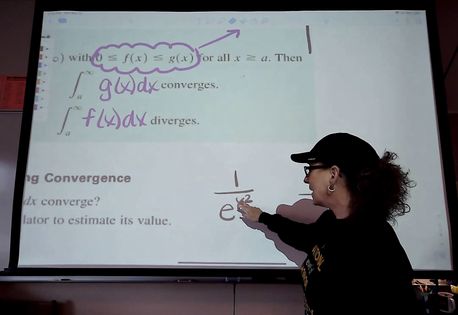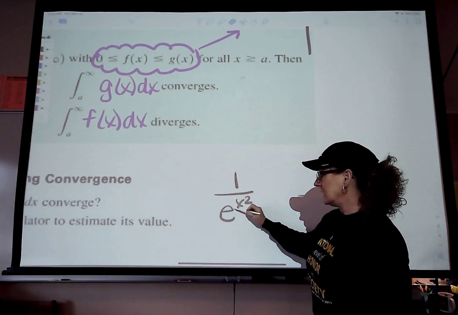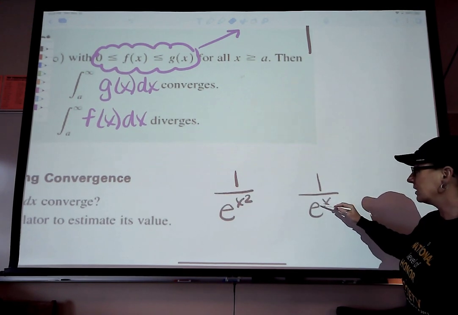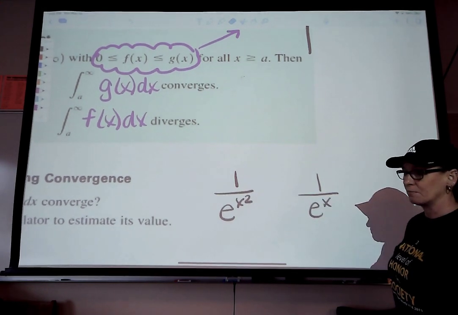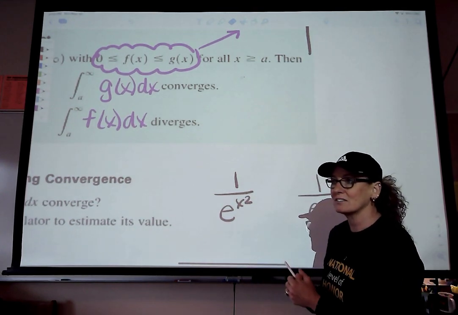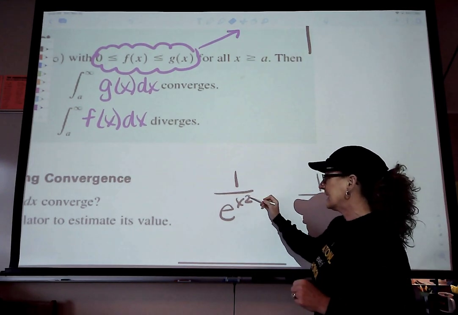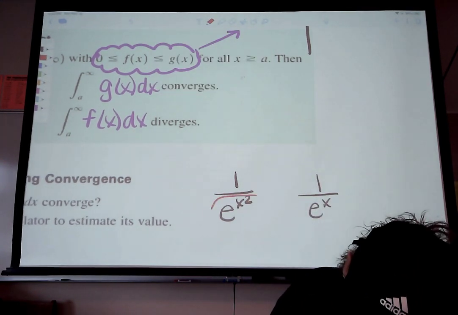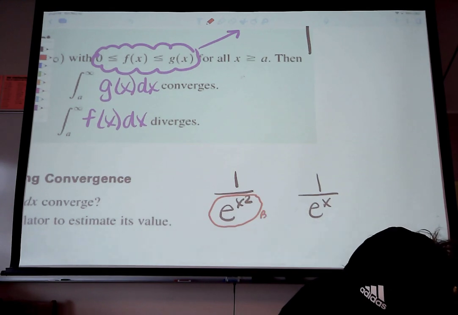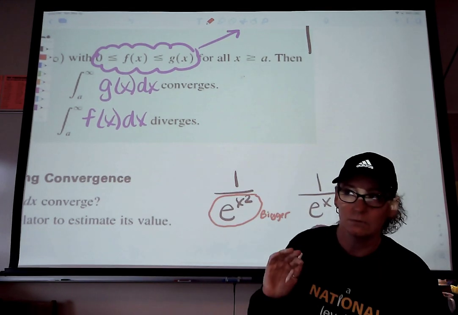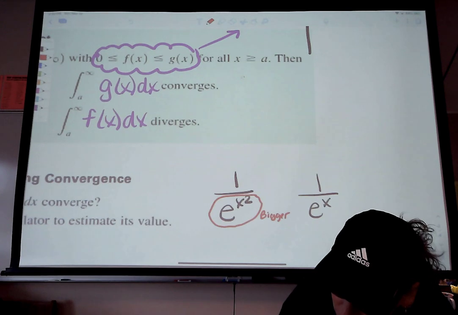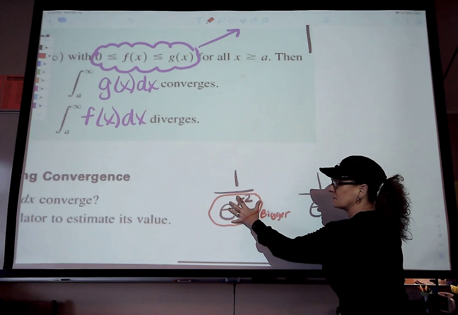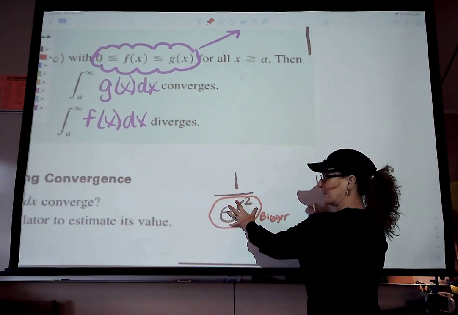So, when x is 1, this is e to the 1 squared, e to the 2 squared, e to the 3 squared, e to the 4 squared, versus e to the 1, e to the 2, e to the 3, e to the 4. So for each value of x, don't you agree that this is bigger or equal to this one? Just the denominator. This denominator is going to be bigger than this denominator.